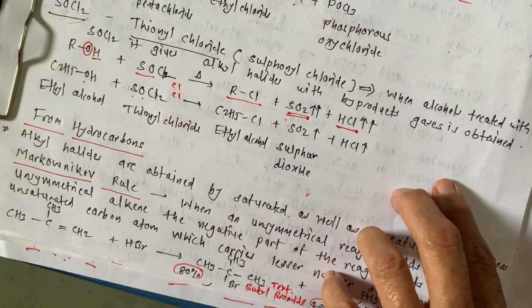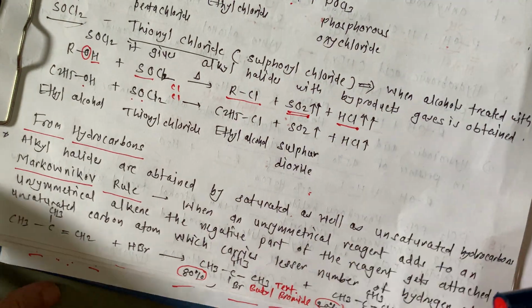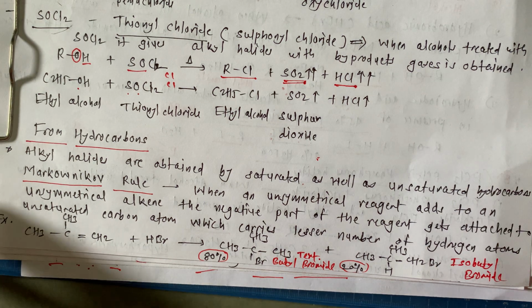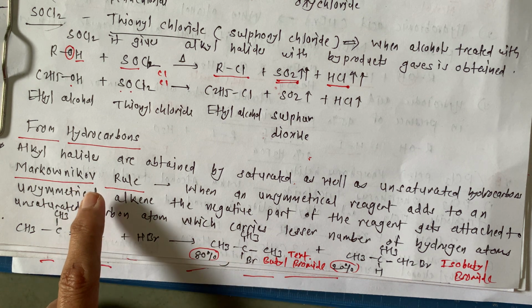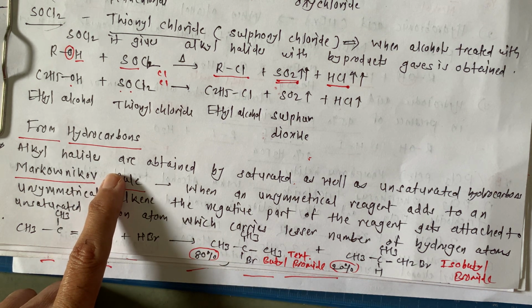For unsaturated hydrocarbon, we also studied this in the chapter on alkenes, but now we have to revise it again. In the chapter on alkenes, we studied Markovnikov's rule. Do you remember that? What is Markovnikov's rule?